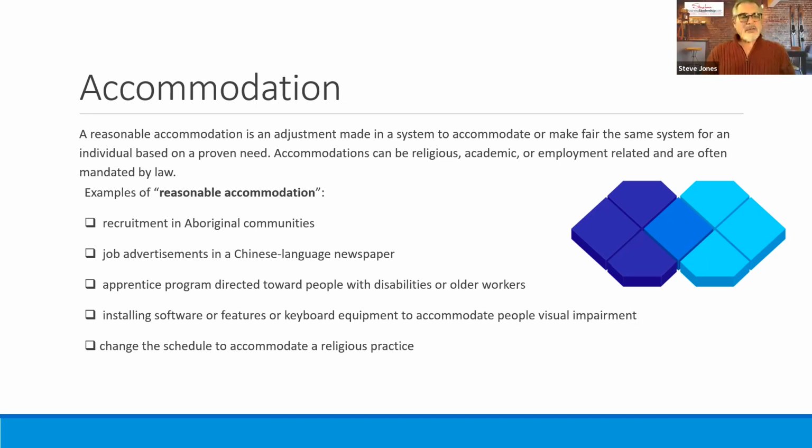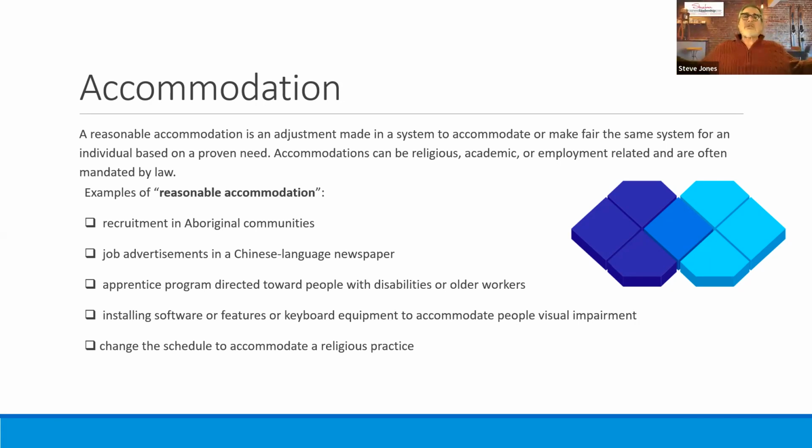So we take other things like job advertisements. We might be living and working in an area where 5%, 3% of the population is Chinese, and we've got 1,000 employees. We don't have one single Chinese person, and we might have customers that come into the customer service area that only speak Chinese.